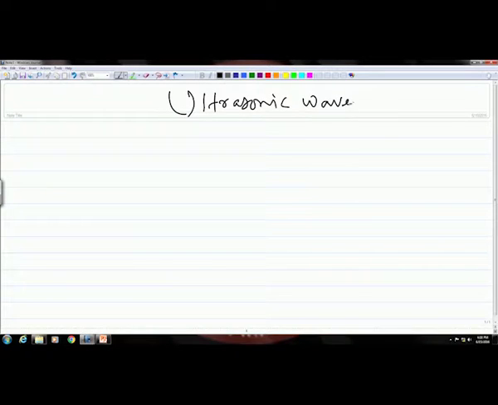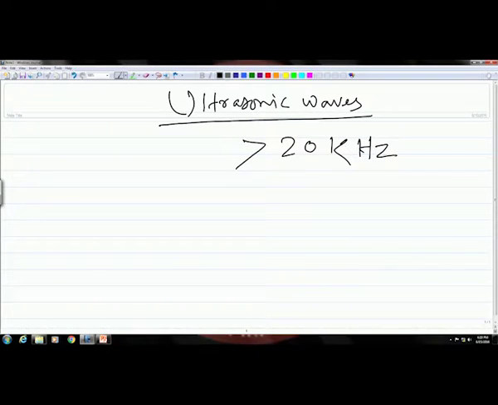So, let us first learn a little bit about ultrasonic waves. Ultrasonic waves are nothing but sound waves which have frequency greater than 20 kilohertz. Anything below 20 kilohertz would be in the audible range.